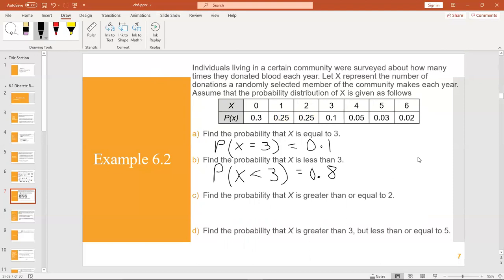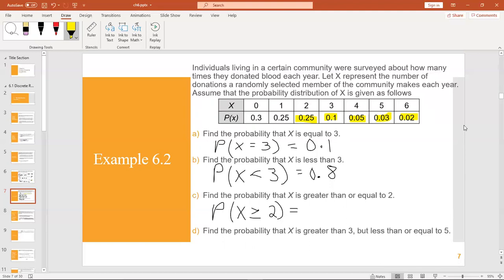Find the probability that x is greater than or equal to 2. So the way that would be notated, you'd say P of x greater than or equal to 2. This mouse is driving me nuts. All right, there we go. So we're including 2, and then everybody bigger than 2. So we got this one, this one, this one, and that one.